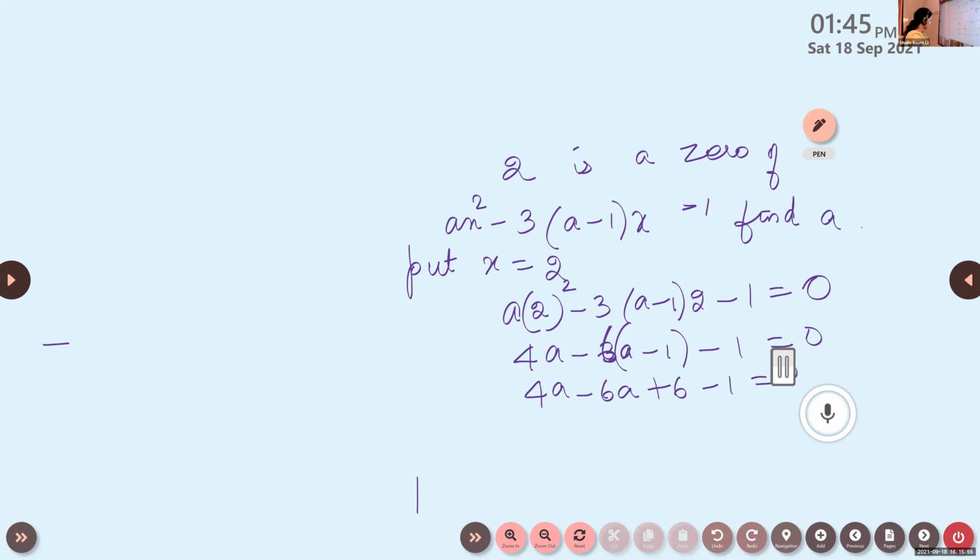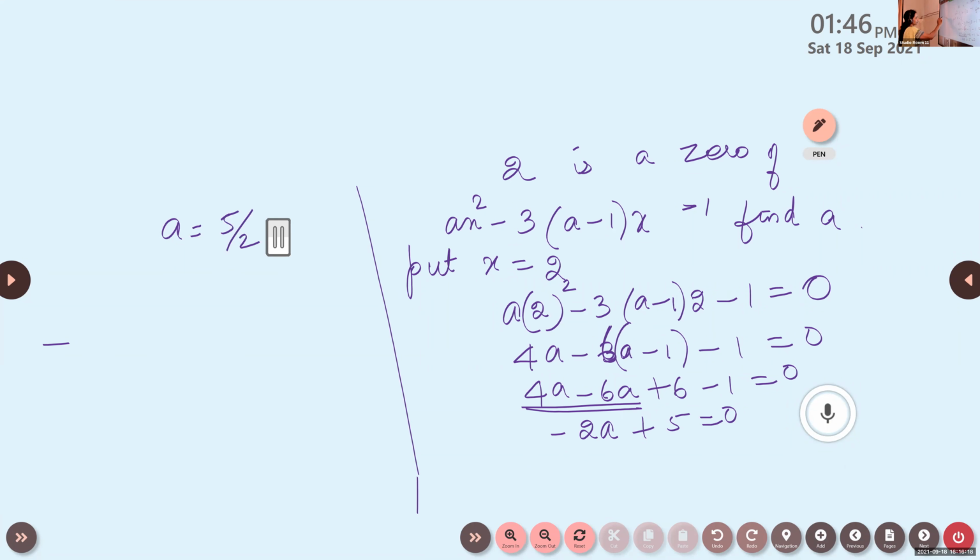You group these terms, like terms, and you'll get minus 2a plus 5 is 0. Therefore, a is equal to 5 by 2.